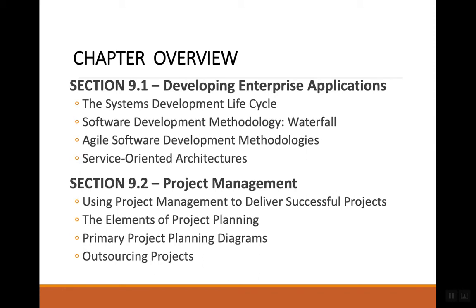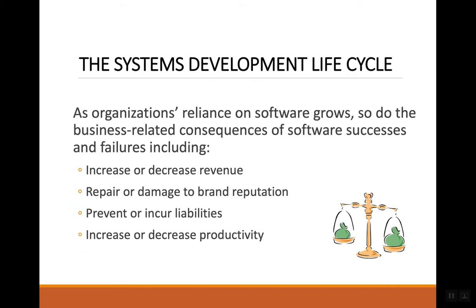One is developing an enterprise application, what we call a systems development lifecycle, and some of the different approaches that make up a systems development lifecycle. The other major piece in this chapter is project management: the application of project management techniques and approaches to deliver a successful technology project. All right, so talking about both of these.